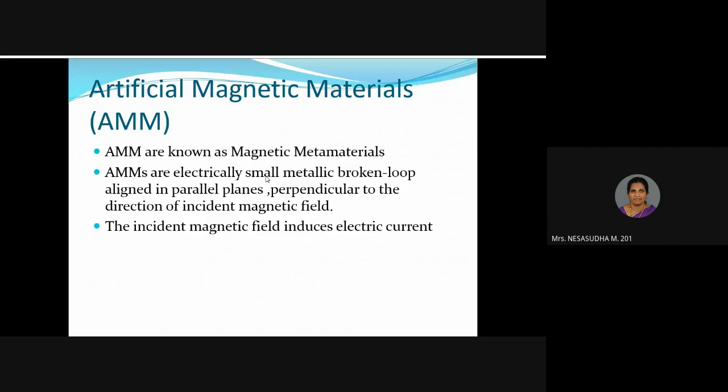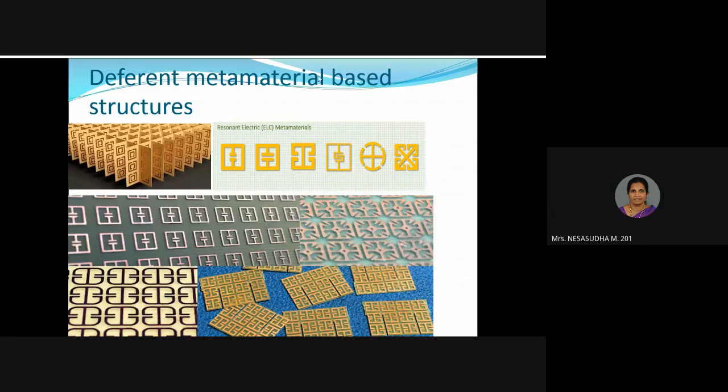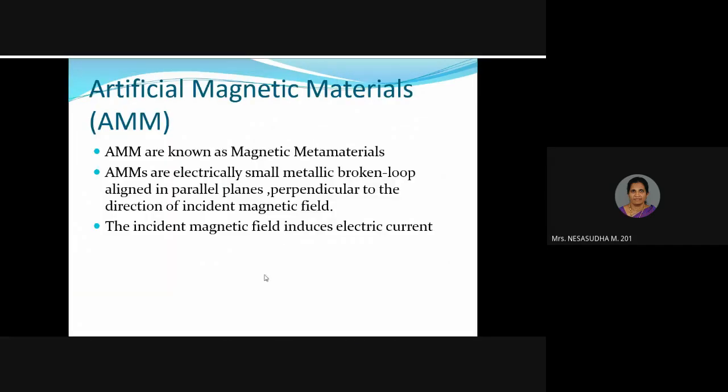It is in parallel planes, and perpendicular to the direction of the incident magnetic field. When you see this structure, it is not closed everywhere; there will be some openings. The incident magnetic field induces an electric current.